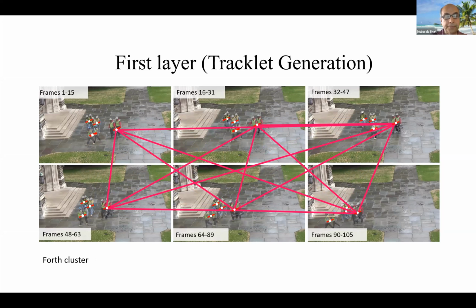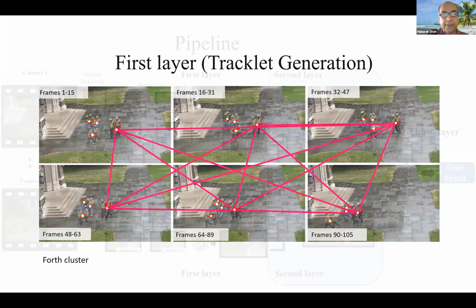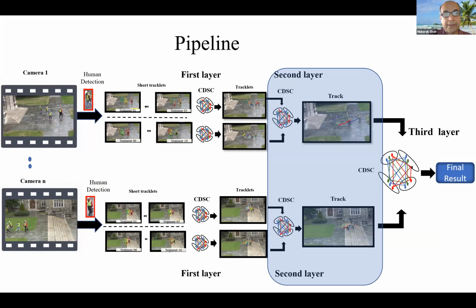Nodes here are the short tracklets, and edges depend on the appearance and the motion constraint. We apply the constrained dominant set, remove that, get the next one, and the next one, and so on. Now, the second layer is basically the same thing.